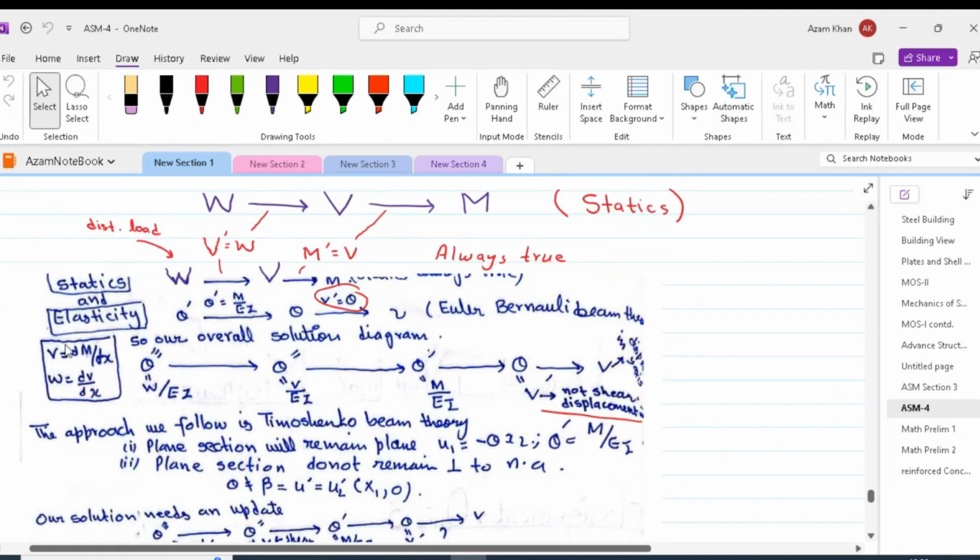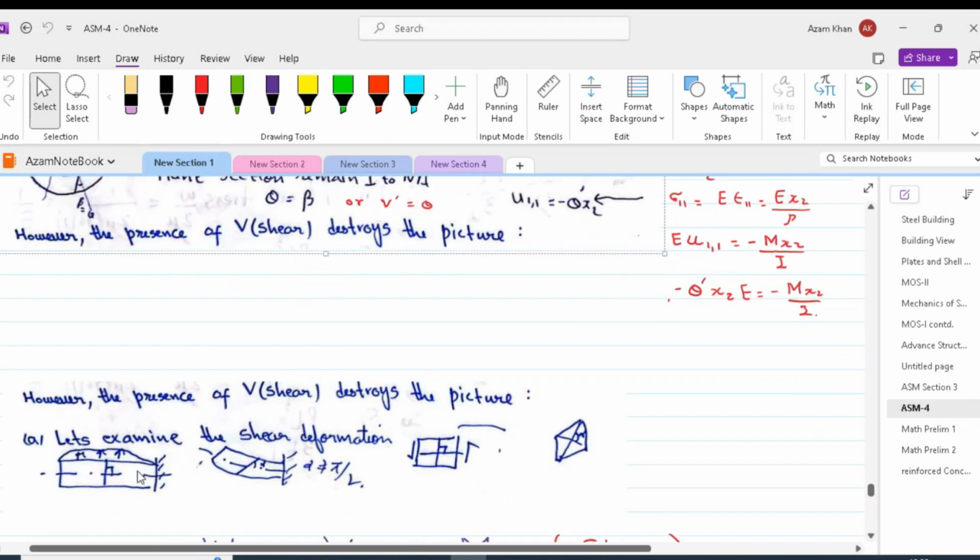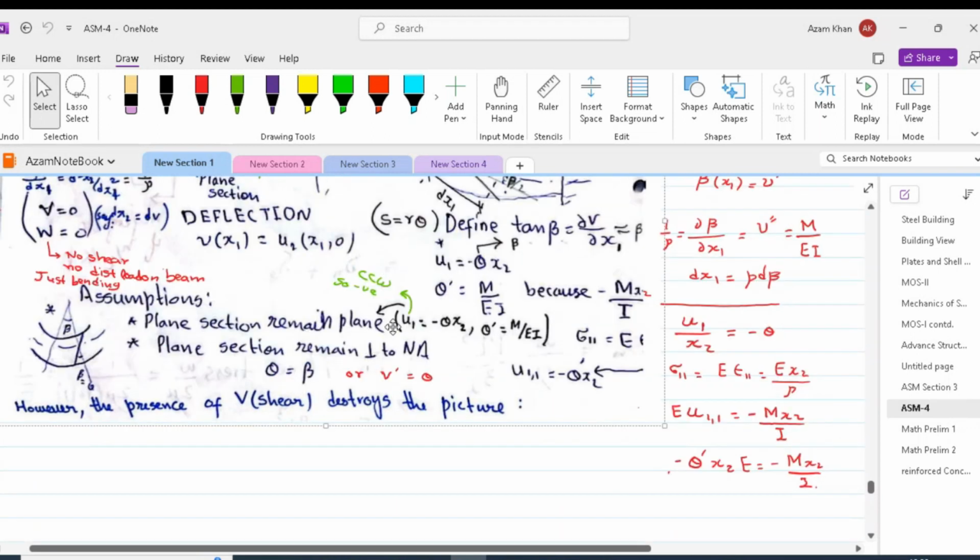Now everything we have said is true for Euler-Bernoulli theory. If we want to use the Timoshenko beam theory approach, we have to relax small v' equal to θ. The rest of the relations are all applicable, as they involve equilibrium and are based on plane sections remaining plane.